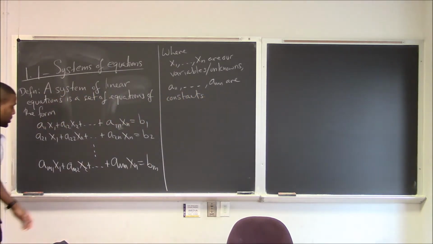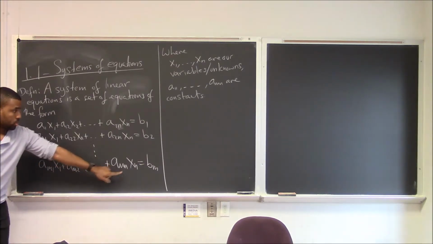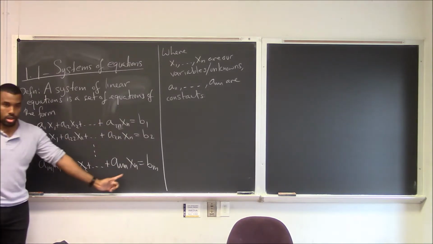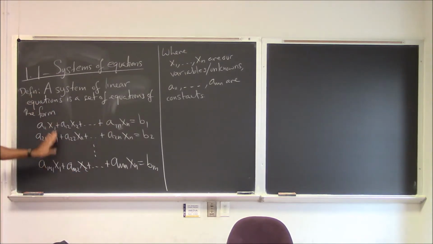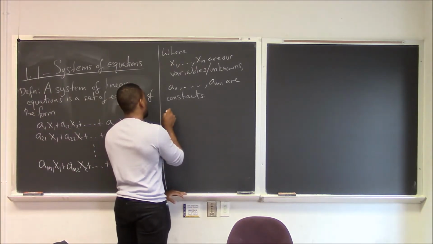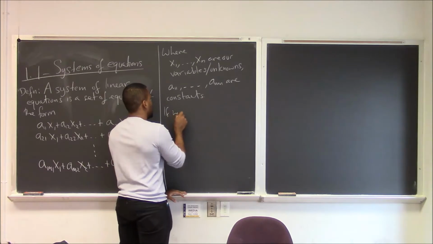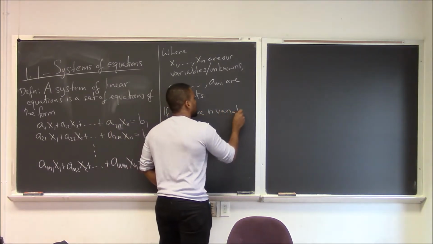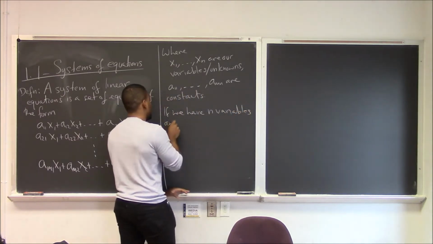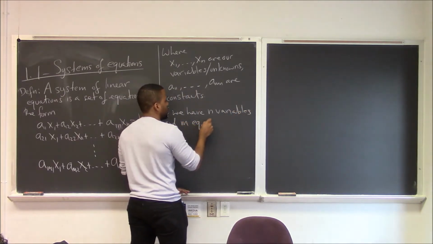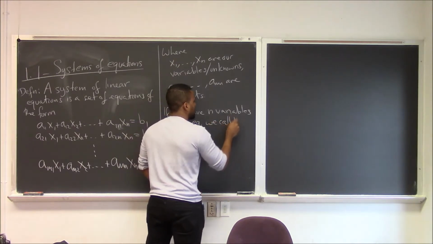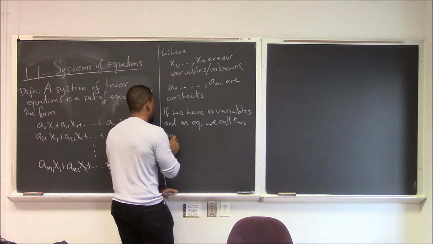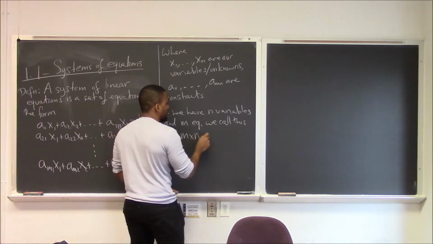The size of the equation is given by the number of rows and the number of columns. You'll notice here that this has m rows and n columns. Right? If I ignore all the plus signs and look at this as just an array. If we have n variables and n equations, we call this an n by n system.